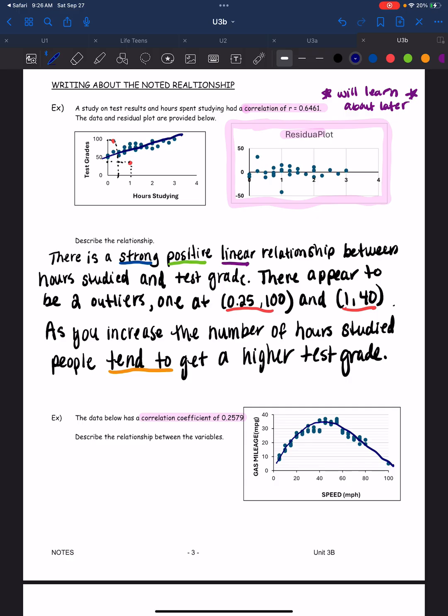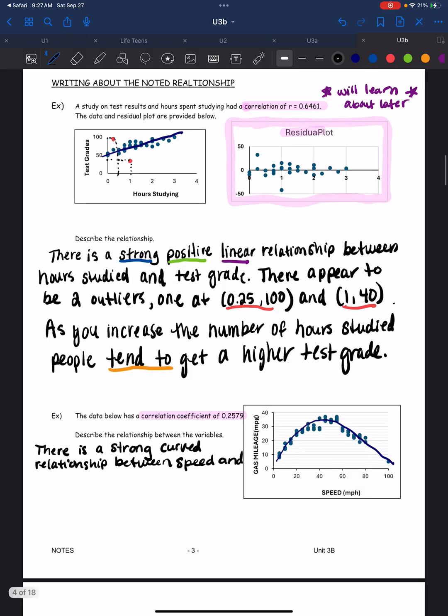So for right now, I'm going to say that there is a strong curved relationship between speed and gas mileage.